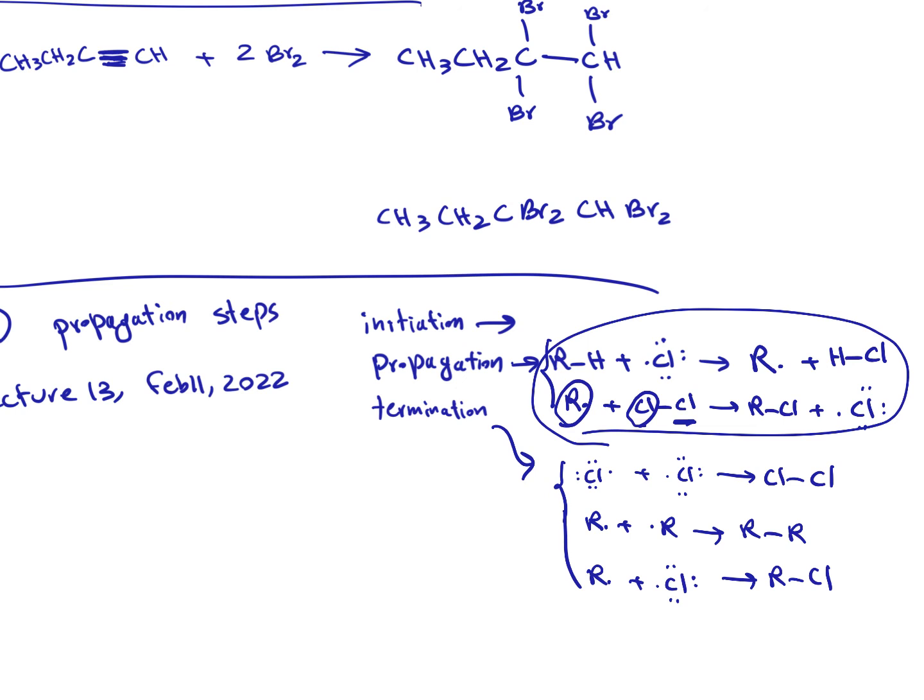So we have alkyl radicals, and we also have chlorine radicals, right? And we also have HCl and we also have RCl.